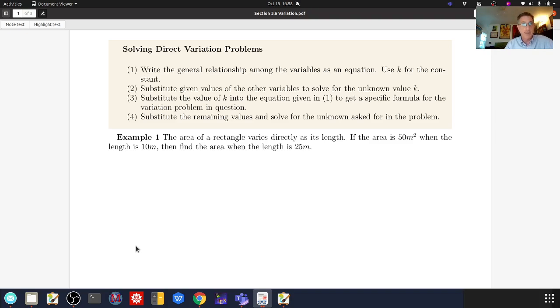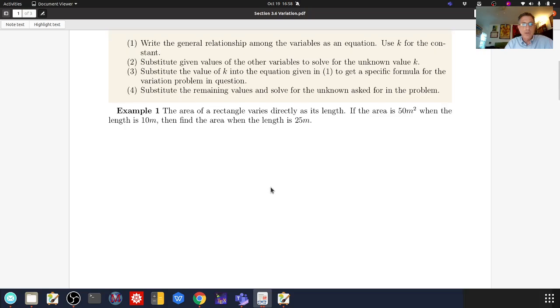So we're given a specific case, we solve for k, and then with new information we take that k and we solve for y. So we write the general relationship amongst the variables as an equation. Use k for the constant. Listen, people, if you want to use m for the constant, use m for the constant. It doesn't matter. It's a dummy variable.